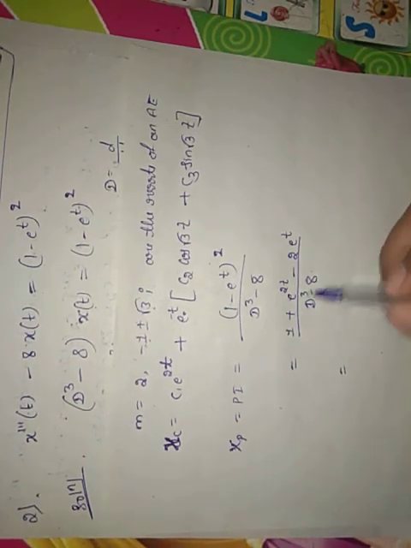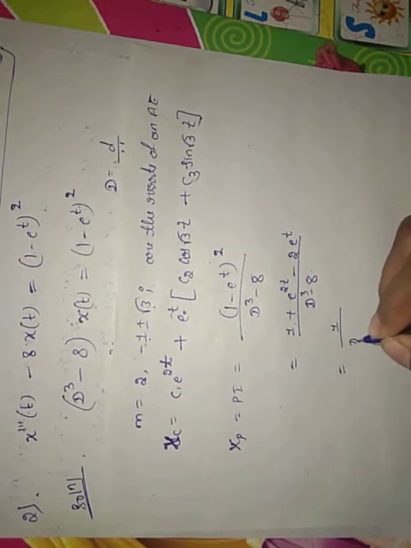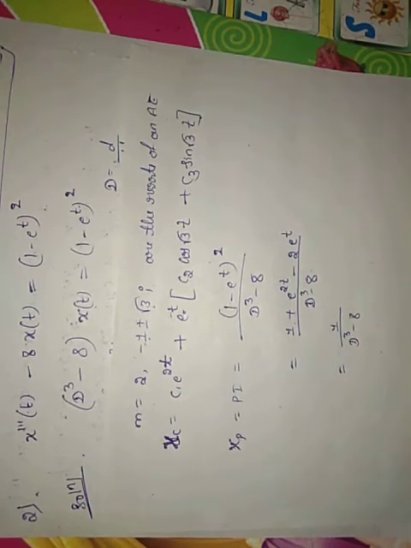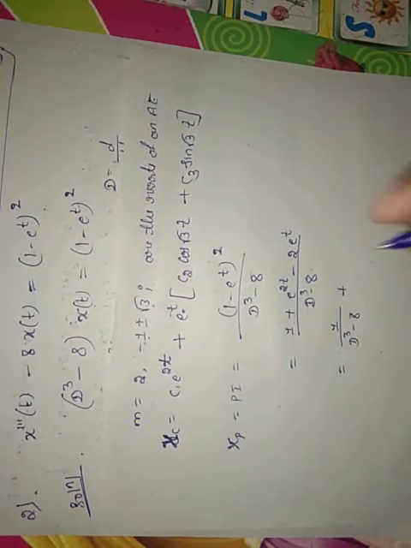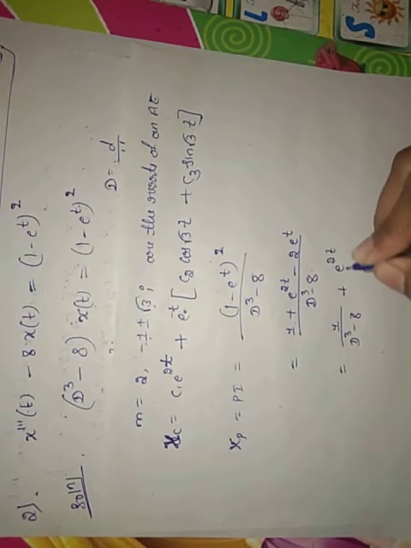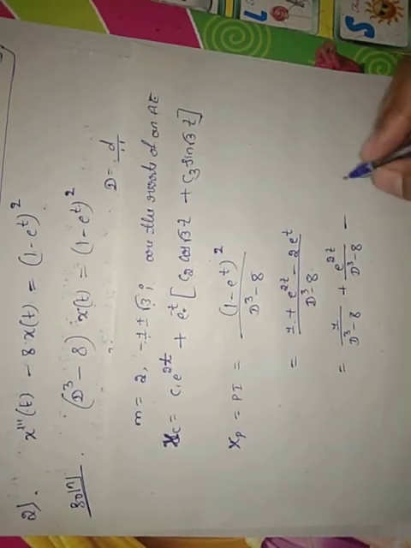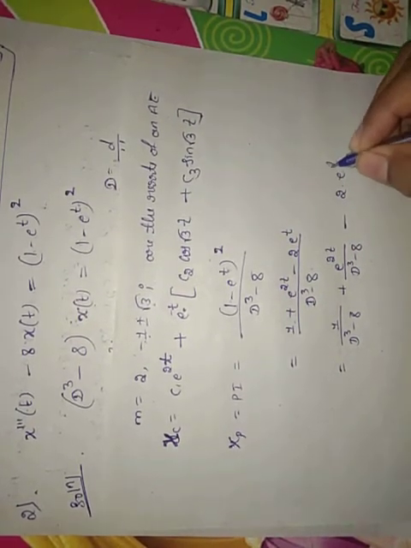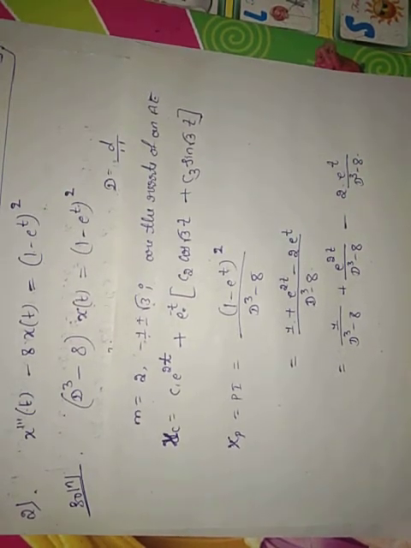Now split this denominator to all the numerator terms: 1 divided by D cube minus 8, plus e raised to 2t divided by D cube minus 8, minus 2 into e raised to t divided by D cube minus 8.